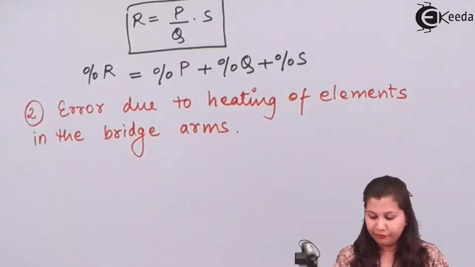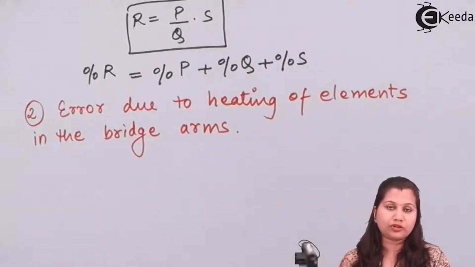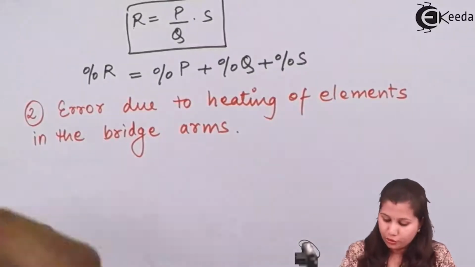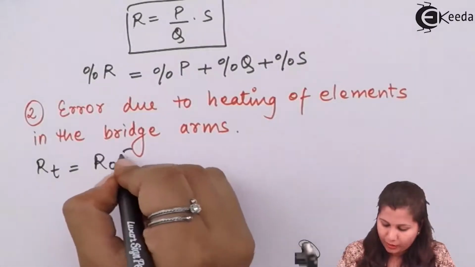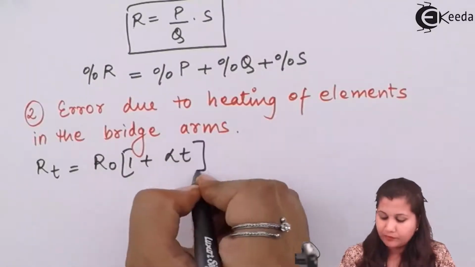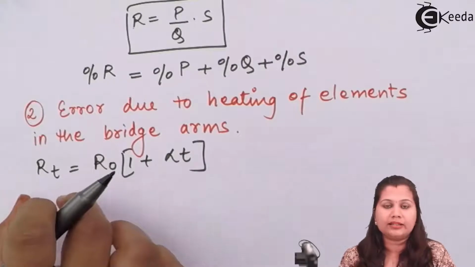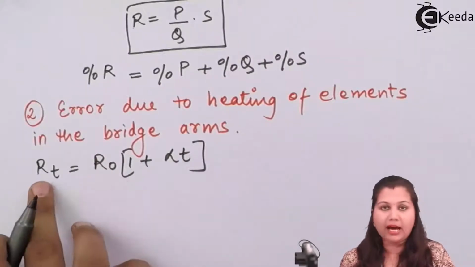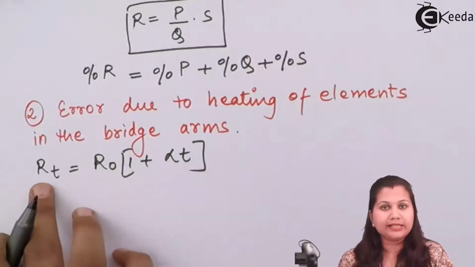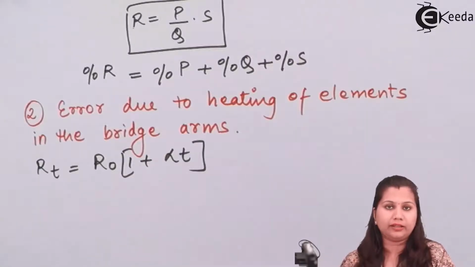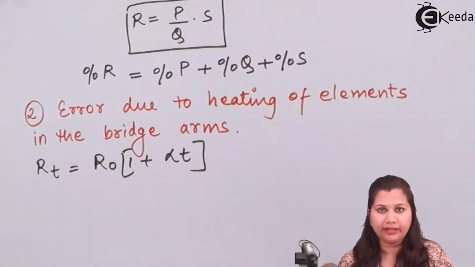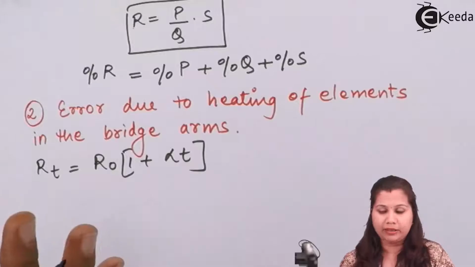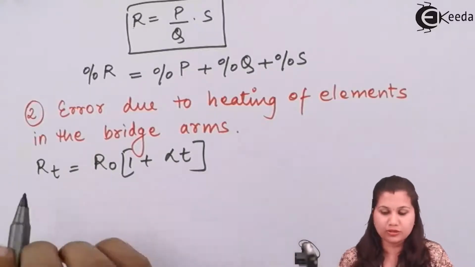Temperature will increase because the instrument is continuously in use, so the resistance will change. The resistance will be R naught (1 plus alpha T). The change in resistance we can find out by RT minus R naught, where RT is the resistance after temperature T, and R naught is the initial resistance. Alpha is the temperature coefficient of resistance and T is the temperature difference. So due to the heating of the elements, we can find the change in resistance through this formula.